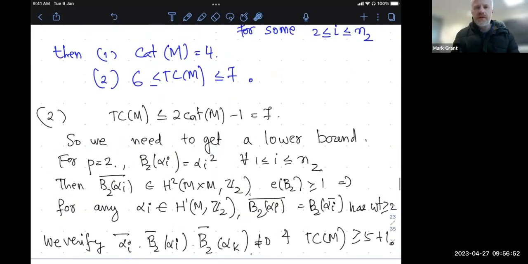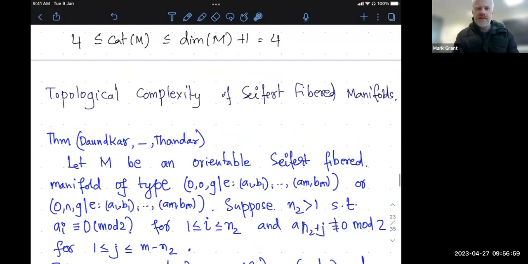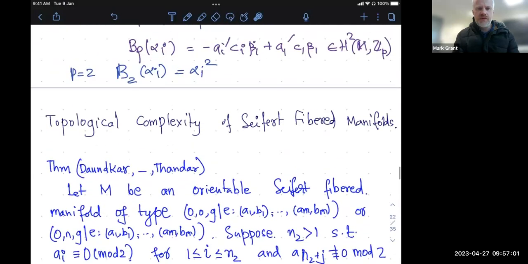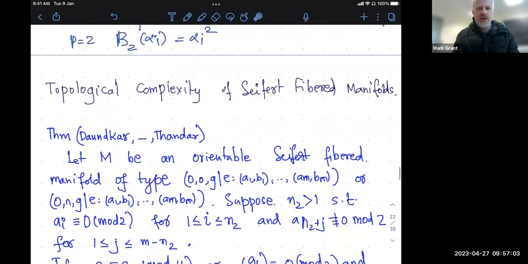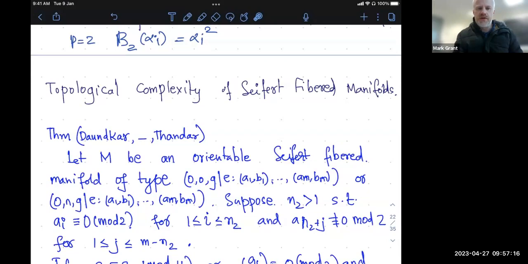Perhaps, could I ask a quick question? It's just about the capital O in the notation for the data that goes into the Seifert manifold. I think it comes from the fact that we are working with orientable Seifert manifolds. The total space is orientable. I see. Thanks.